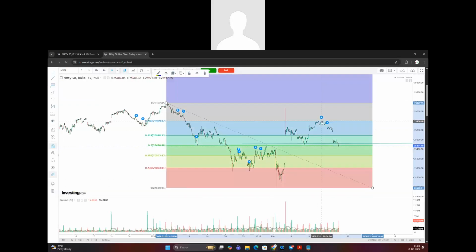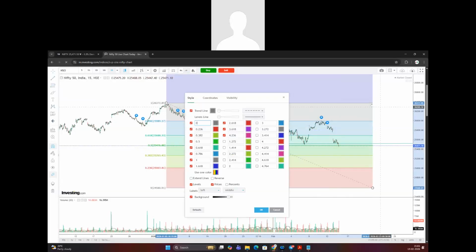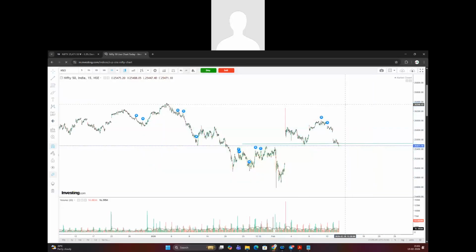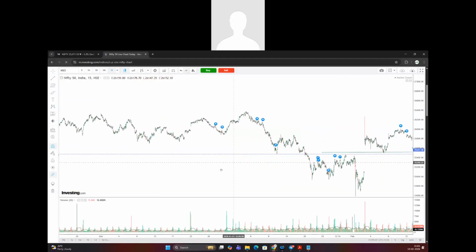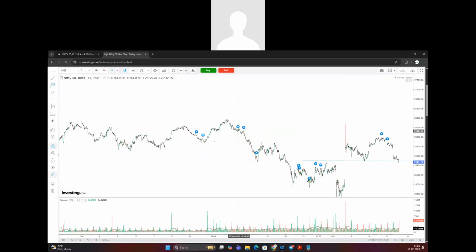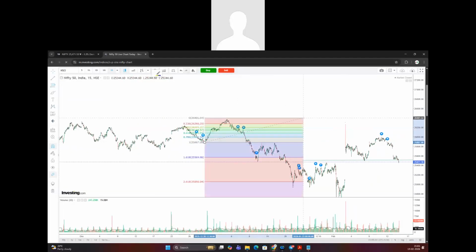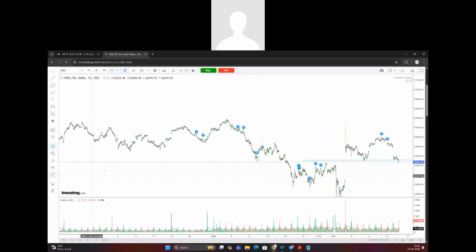So why it took reversal from 0.786? Why it wasn't able to move up? All these questions, you will get the answers. For the low and the high, I'm showing you the precision of how it actually works. 1.618. Done.